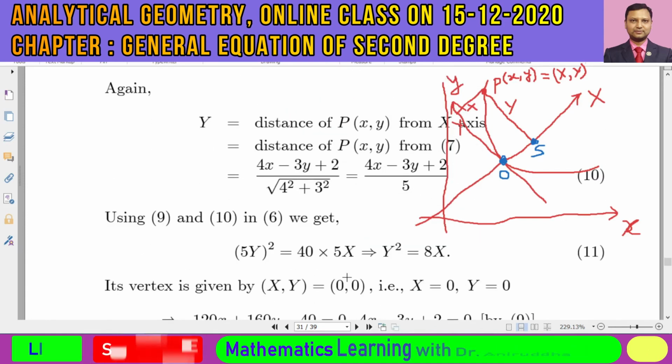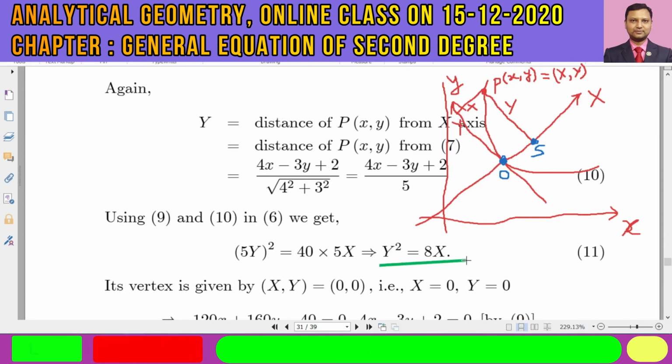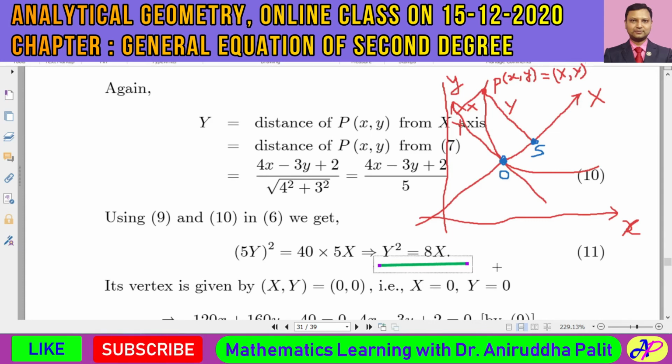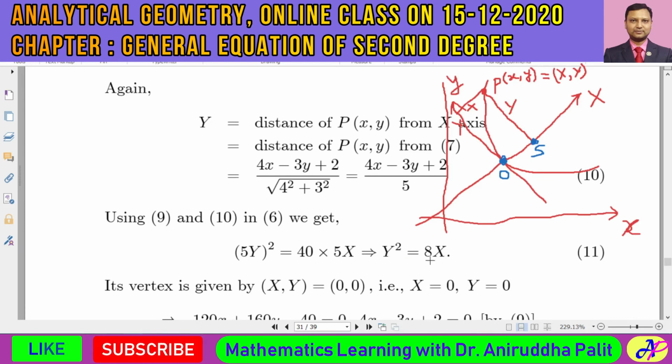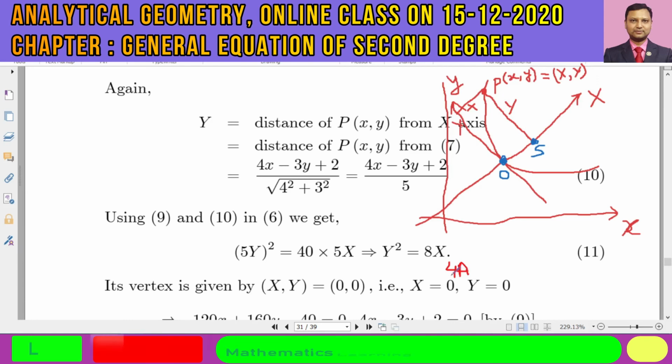Therefore we finally get the equation of the parabola as y squared equals 8x. So this 8 is equal to 4a.